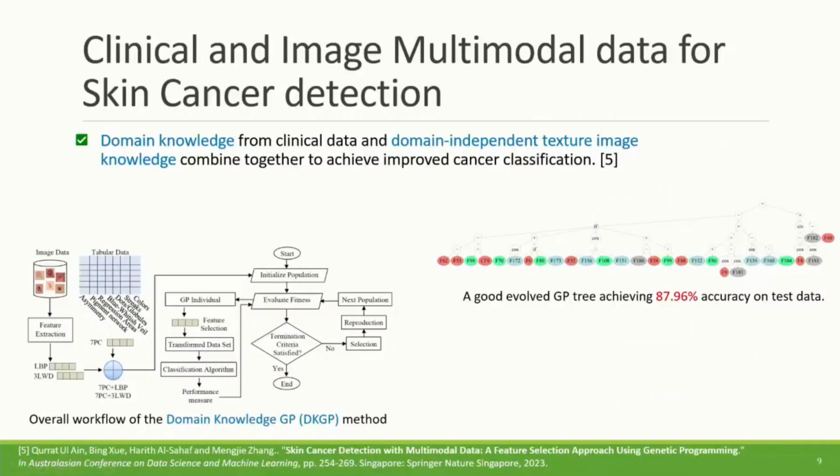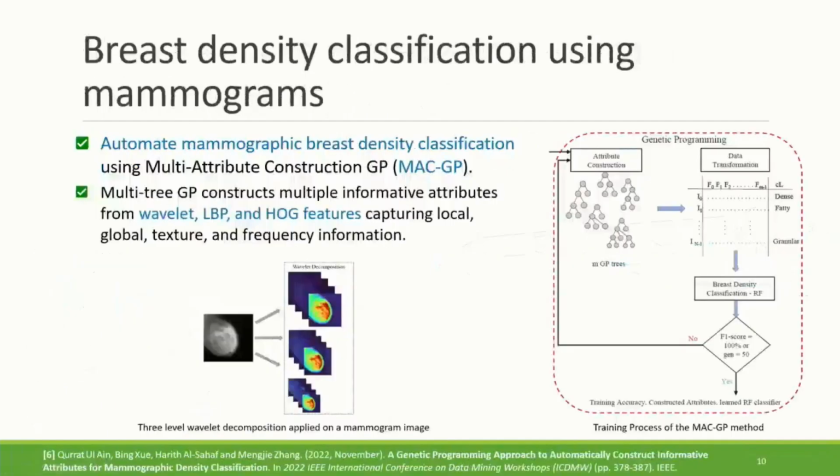Another method, again, clinical information is concatenated together with the image features, and then we have breast density classification, where we have used wavelet-based features, and they have provided quite informative features. And again, the histogram of oriented gradients features have helped GP to evolve better solutions.